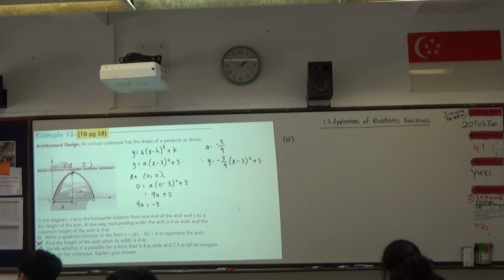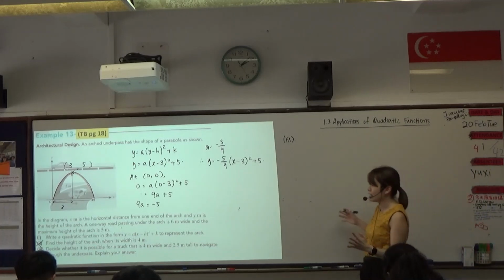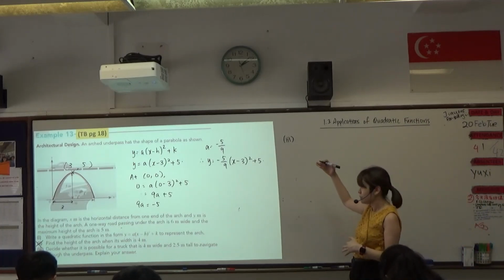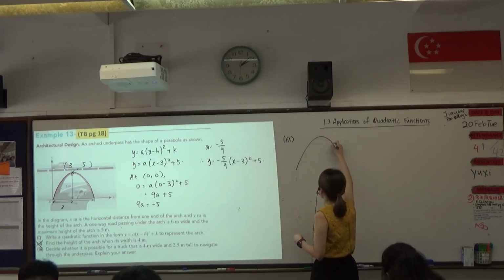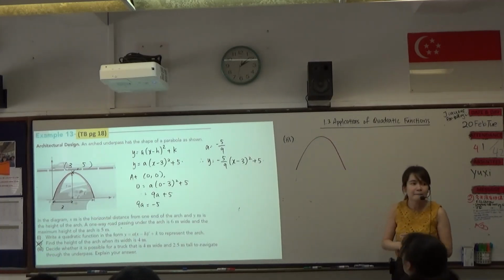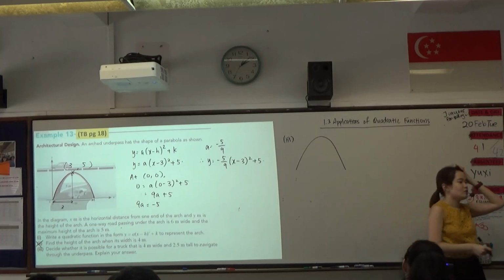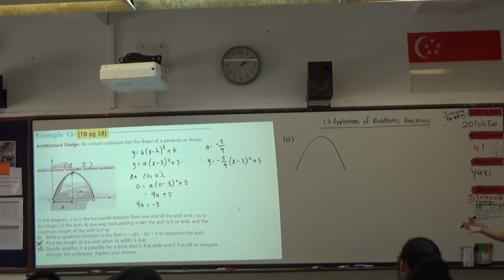So in part 3 it says, decide whether it is possible for a truck that is 4 meters wide and 2.5 meters tall to navigate through the underpass. So we are looking at the tunnel looking like that. Now I know that you all are not capable of driving, but I think we have all sat in at least a bus before.